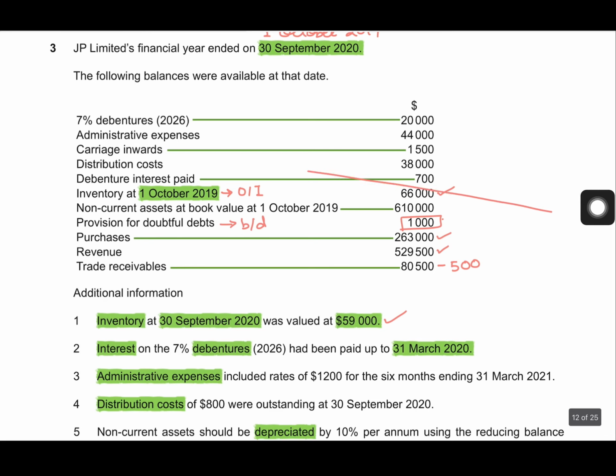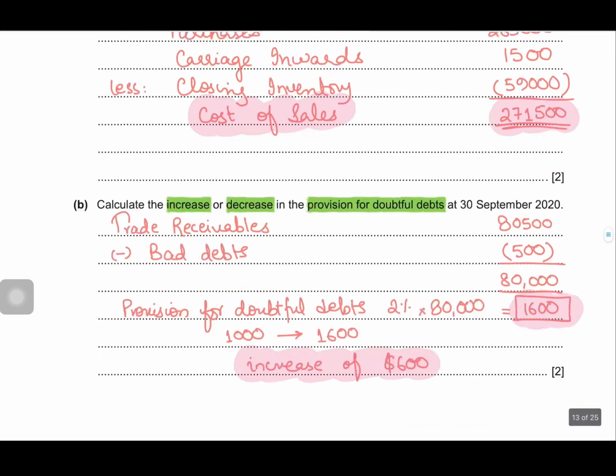First of all, we have admin expenses. Carriage inwards has already been taken in cost of sales. Then we have distribution cost, debenture interest is also there. And we have the depreciation on non-current assets, provision for doubtful debts, the increase of course, and we have bad debts as well in this question, right? So let's first write down the list of expenses that we have.